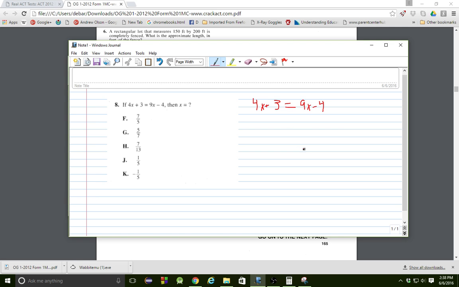Okay, so let's first add 4 to this side. We go plus 4. So when we do this, we get 4x plus 7 equals 9x. And then we subtract 4x from both sides, and we get 5x equals 7.